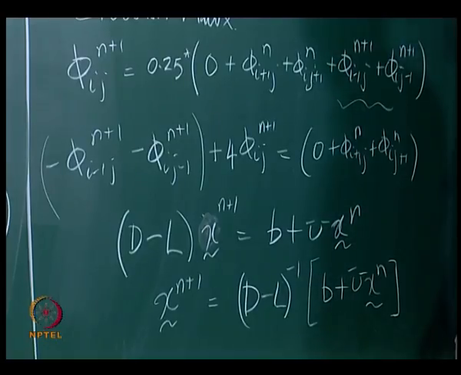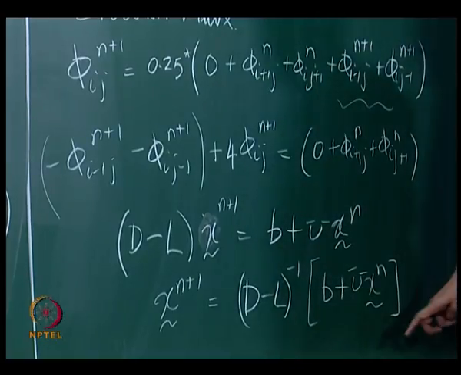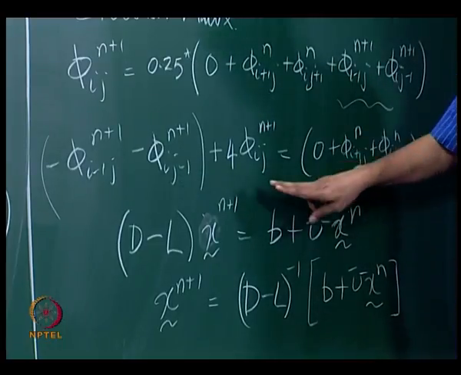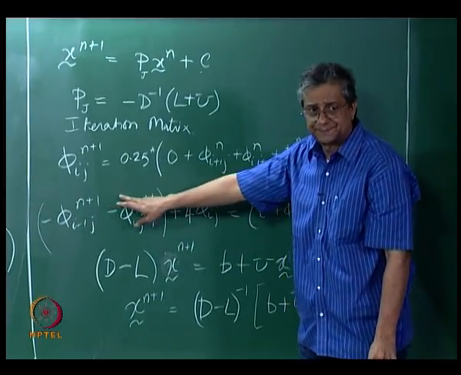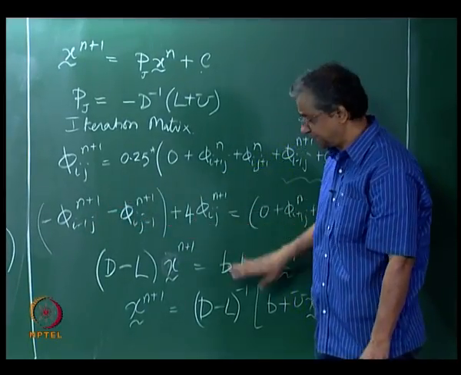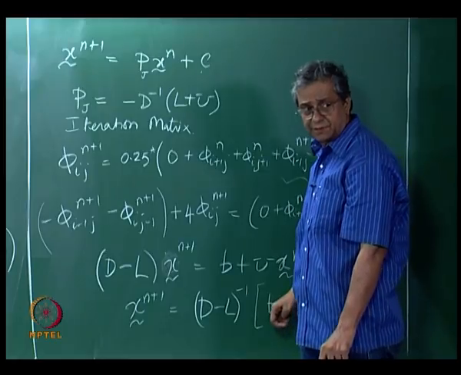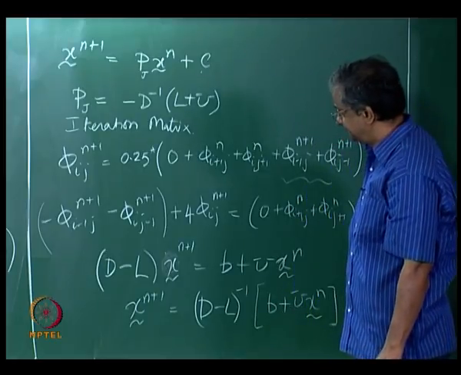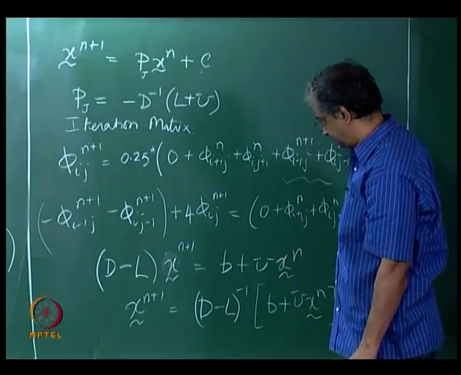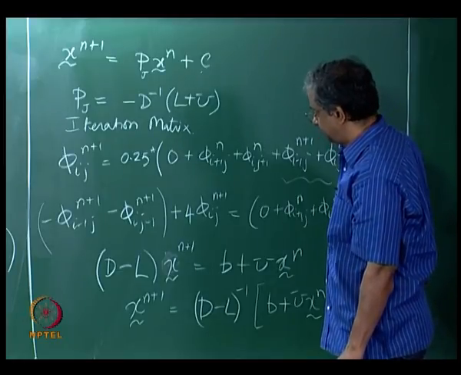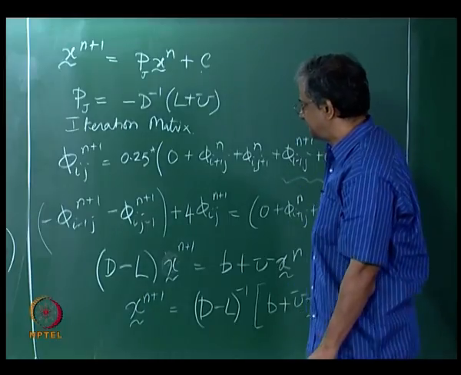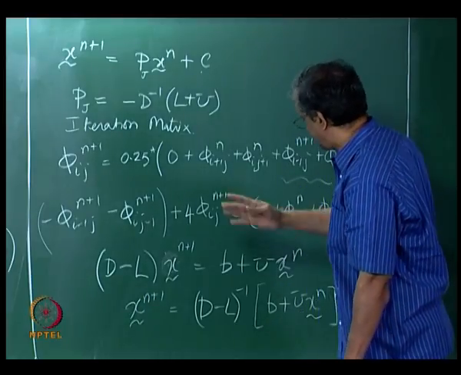We have to be a bit careful with the signs, because really the way we had written A, this would have been minus 4 and those would have been plus 1. Should it be D plus L? Have I made a mistake? Yeah, they are opposite signs. You are right.